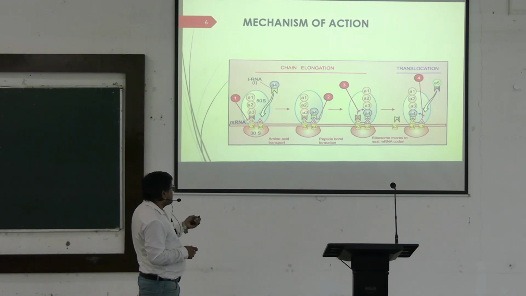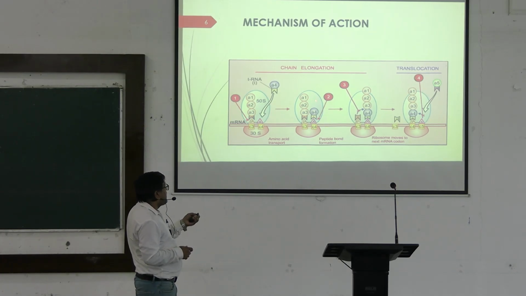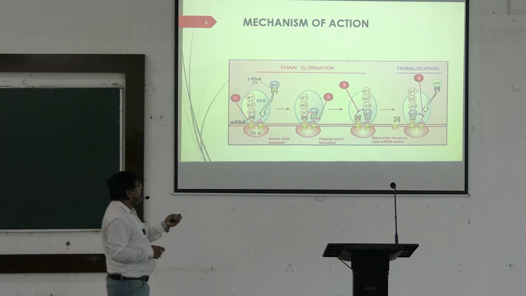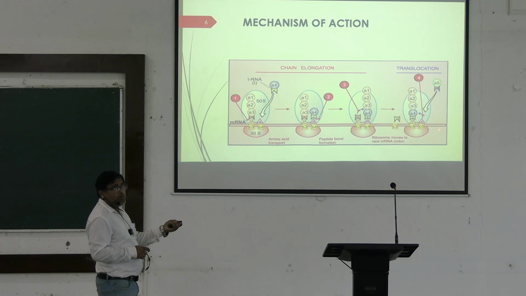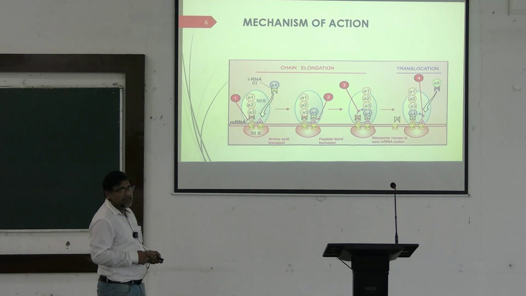Now, what happens after binding of the amino acid to the A site? This peptide chain is bound to this nascent amino acid, and the peptide chain grows. After that, this ribosomal complex moves forward, and the A site becomes the P site, and the A site is free to accept the next amino acid.